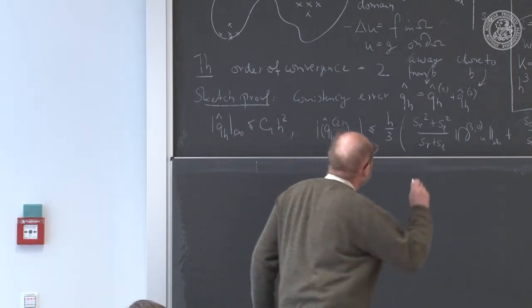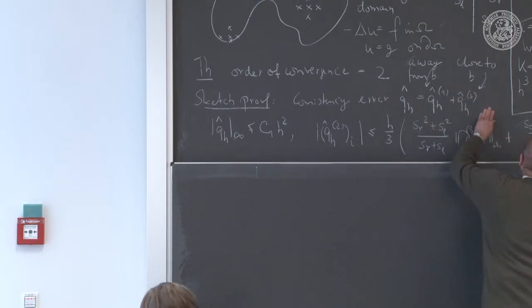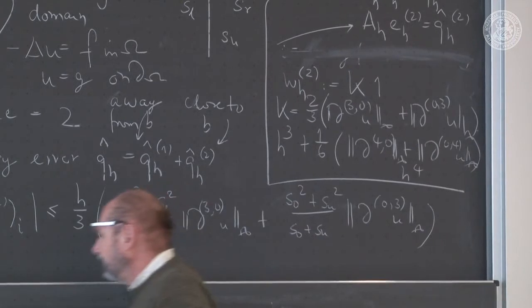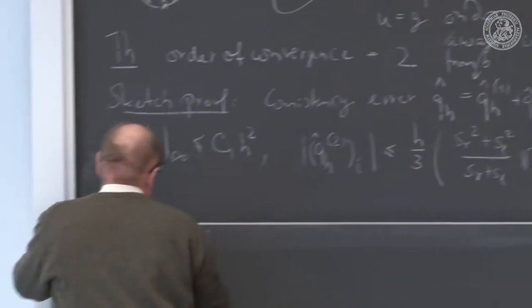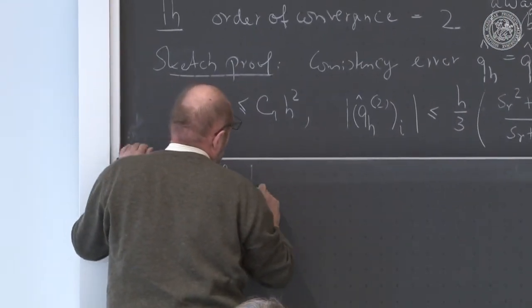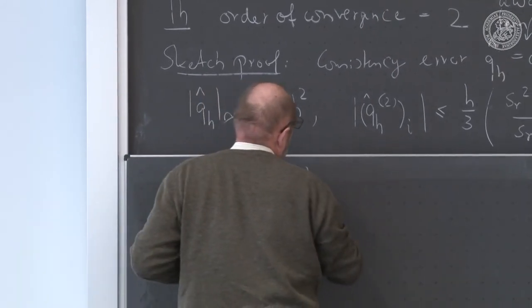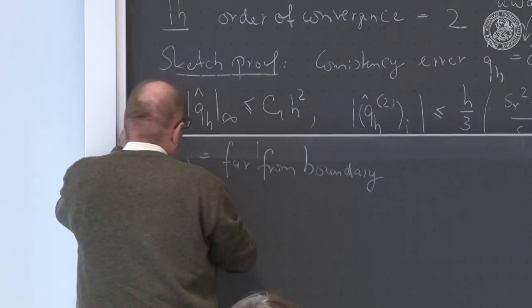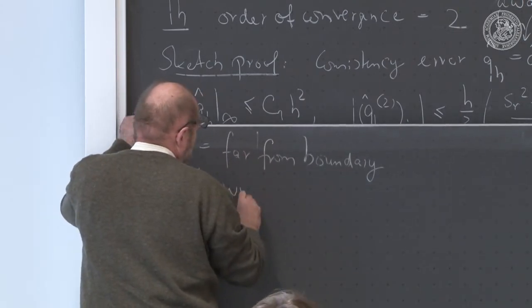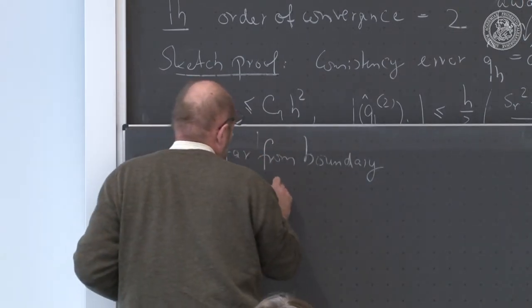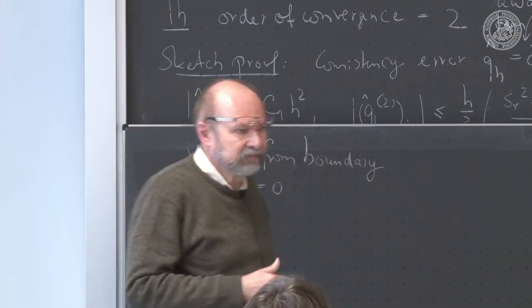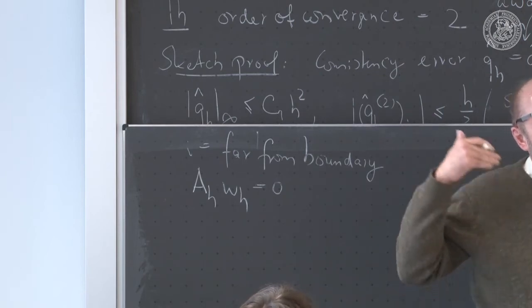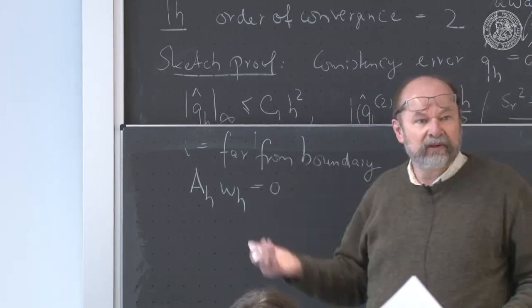That means if we now look at a node which is far from the boundary, we just see that AH WH, which has nothing to do with the choice of the k, is 0. This just says the sum of the components in the corresponding row is 0.